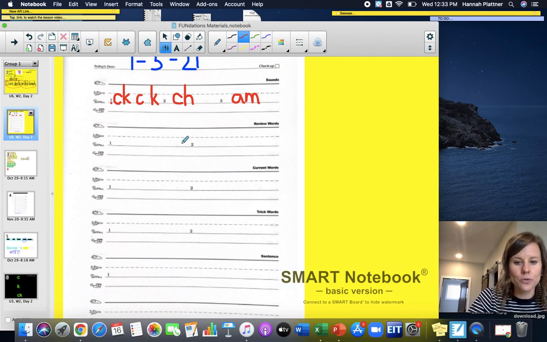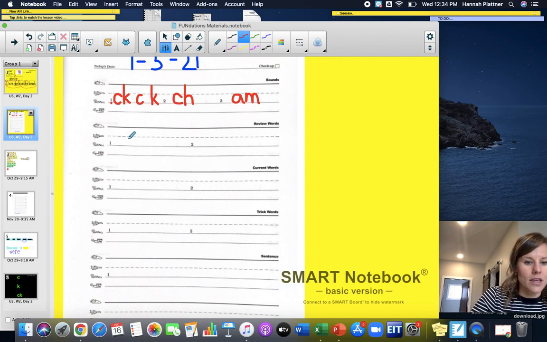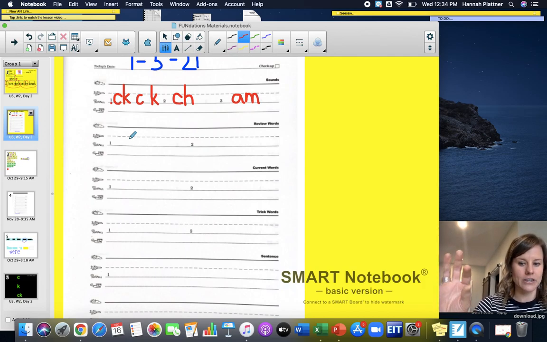We have 2 review words, words that have rules that we have learned already in Fundations. The first word is fill. Fill. Let's sound it out, tap it on our fingers. Fill. Fill.